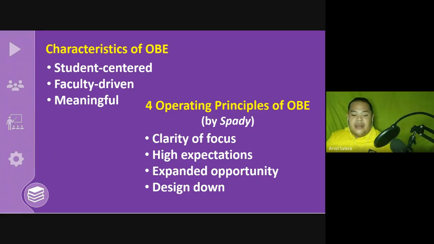Okay, next or last will be the 4 operating principles of OBE by Spady. According to Spady, if these 4 operating principles are followed consistently by the educators and academic leaders, the implementation of OBE could be a success. Number 1, clarity of focus.